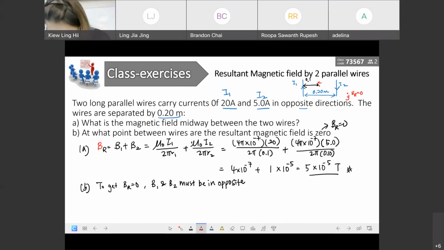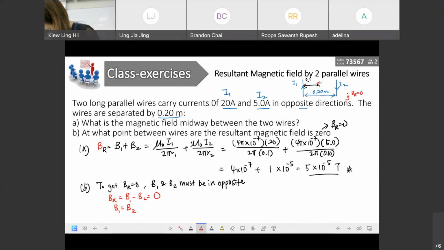Okay, so write your equation. BR equals, let's say, B1 minus B2 equals 0. So simplify, B1 just equals B2.